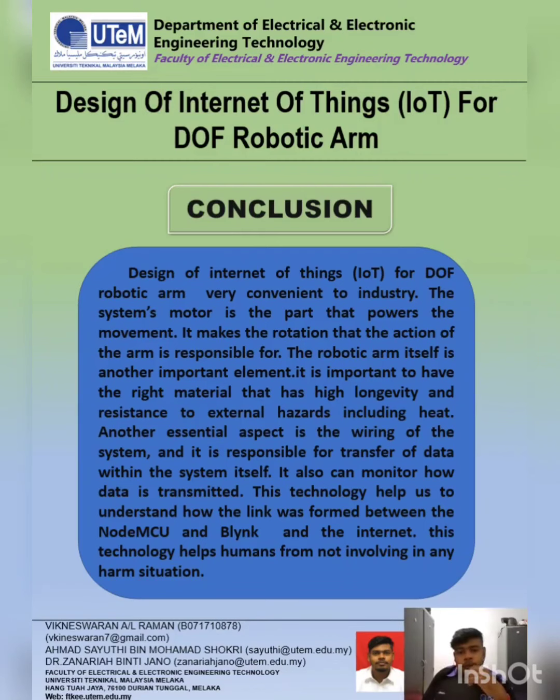And the robotic arm itself is another important thing. The material of the robotic arm is iron and aluminum, so it won't burn when it works nearby heat. The most important thing is we can understand how the NodeMCU, the Blynk application and the internet work together to make the task very easy, and also help humans not put themselves into any critical situation.